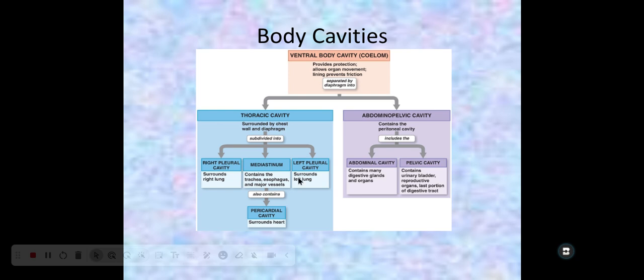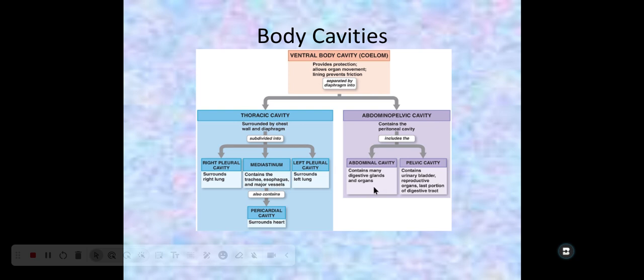Okay, so you have your right lung, left lung. So it shows you what it contains. Your mediastinum is going to contain your trachea, esophagus, and major vessels, and then within that your pericardial cavity, which surrounds the heart, and then your abdominal pelvic cavity is going to have your abdominal region and your pelvic region.